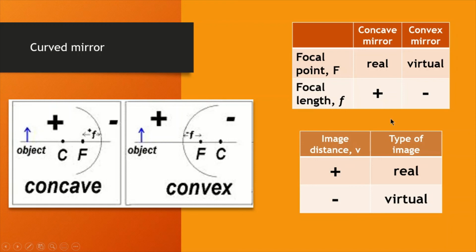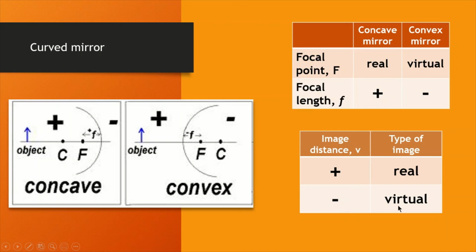Okay, we just learned the difference between real and virtual image. Now a real image will always be determined by the image distance. In other words, if the image distance is positive, it will be a real image. But a virtual image will always have an image distance which is negative.